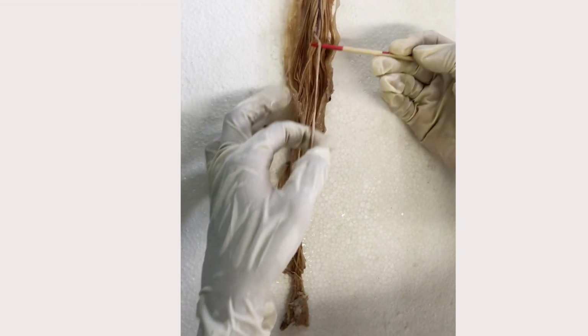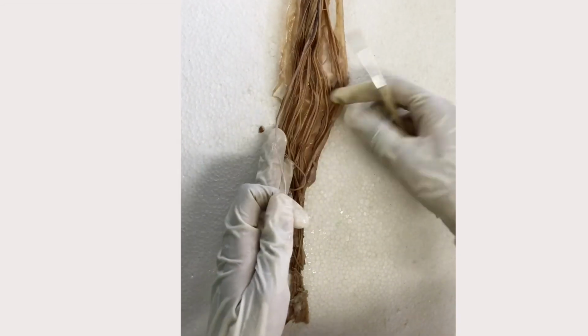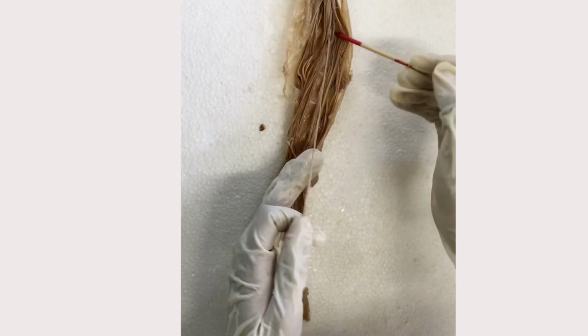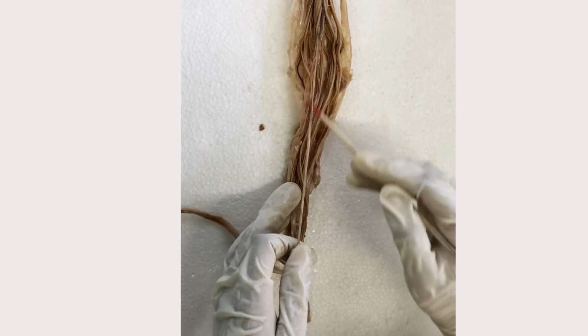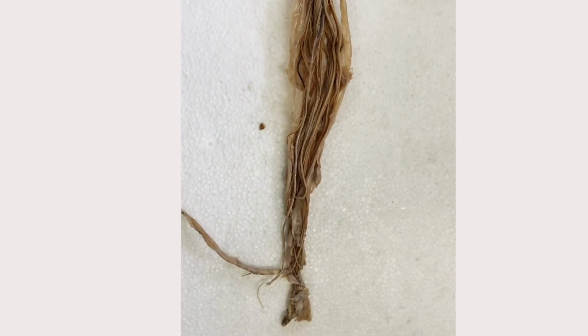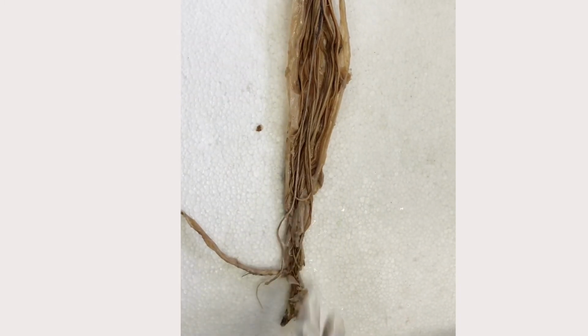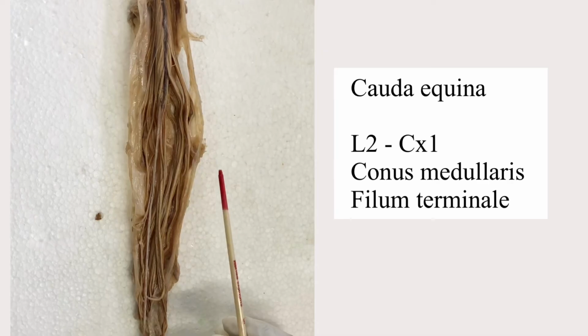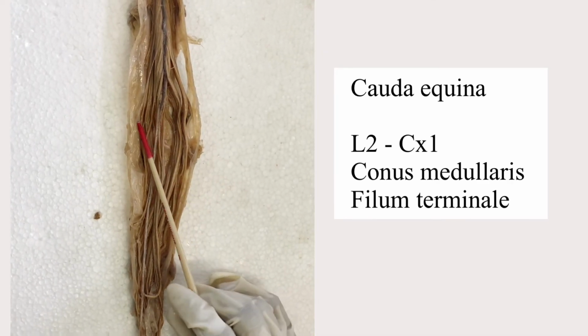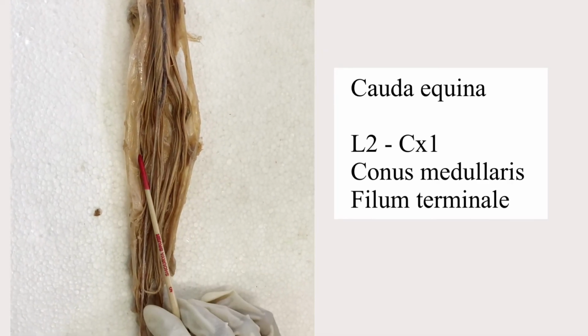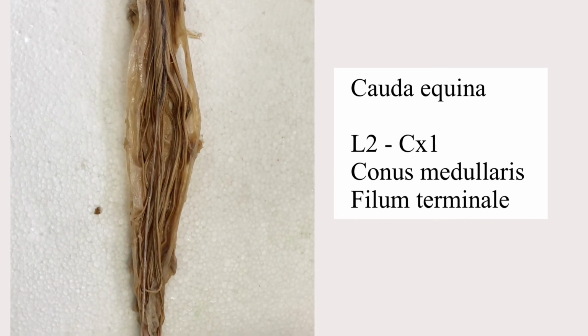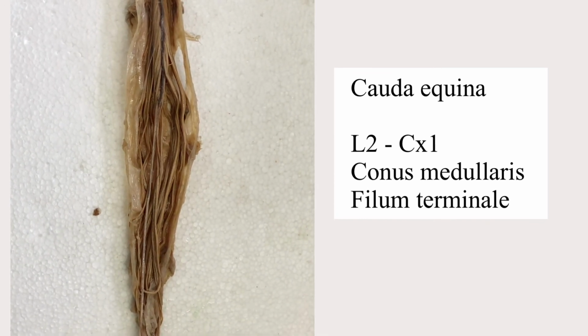So you can see that this is the filum terminale and these all are the bunch of the nerves. This is known as cauda equina because of the fancied resemblance to the tail of a horse. So cauda equina consists of the roots of the lower 4 pairs of the lumbar, 5 pairs of sacral and 1 pair of coccygeal nerve along with the filum terminale.